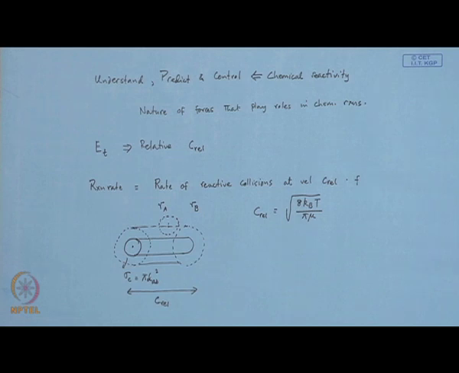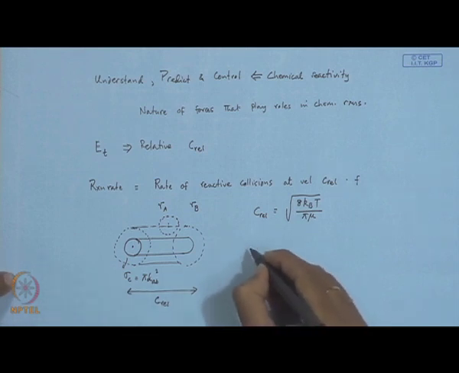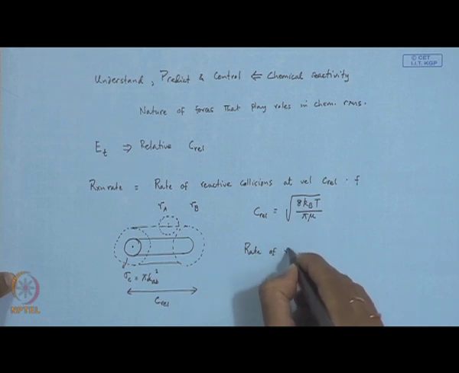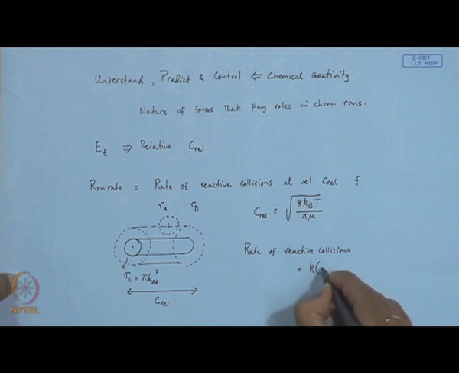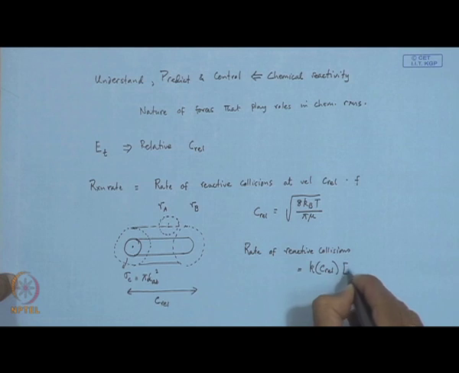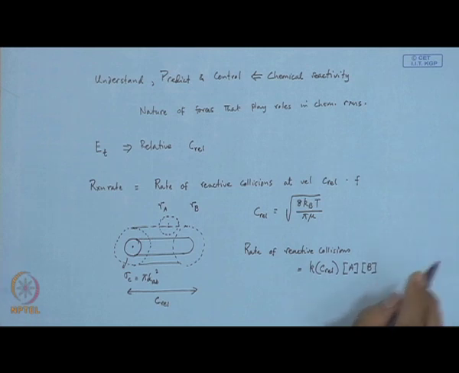Okay. So rate of reactive collisions you can write in this way: rate of reactive collisions equal to some k designated at C rel, concentration of A and concentration of B. Okay.